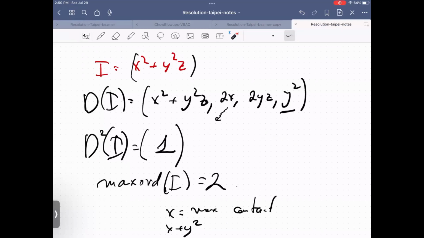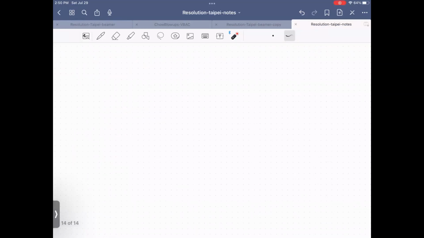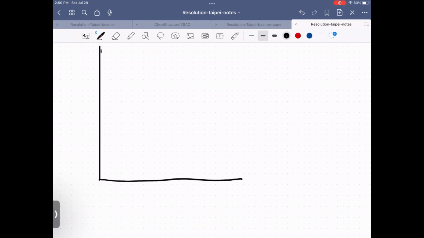So let me draw a picture. I have dotted paper here, which helps. So this is 1, 2, 3, 4, 5, and 1, 2, 3.